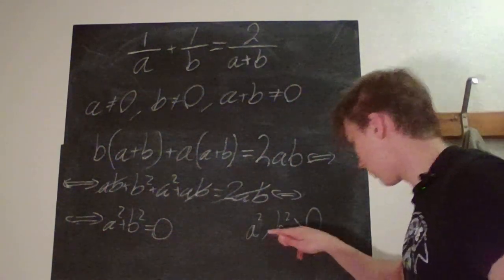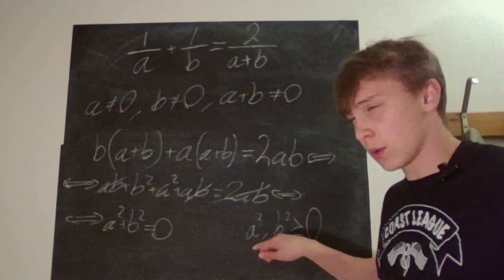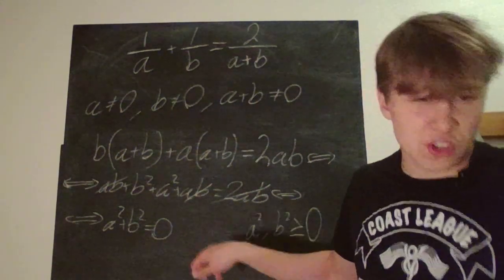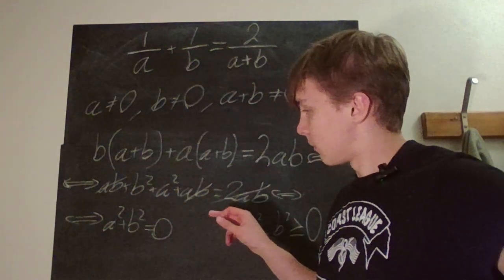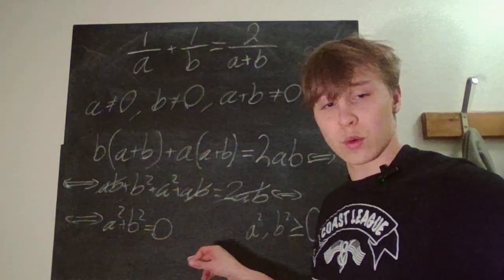So both of these are bigger than or equal to 0, and the sum of them is supposed to be 0. Therefore, both of them have to be equal to 0, right?